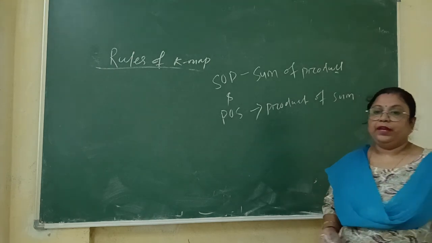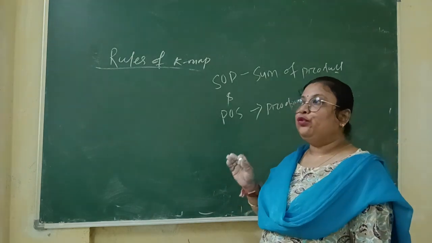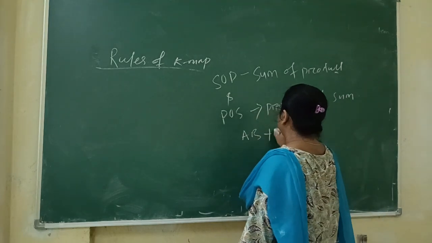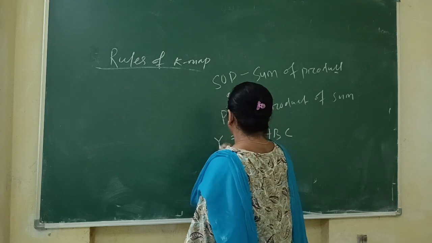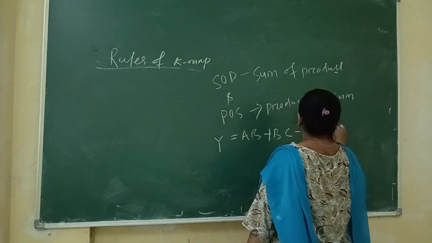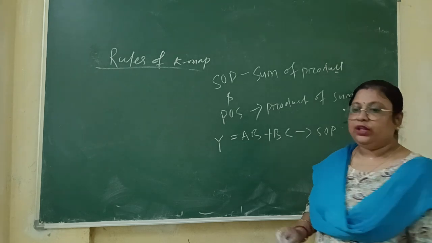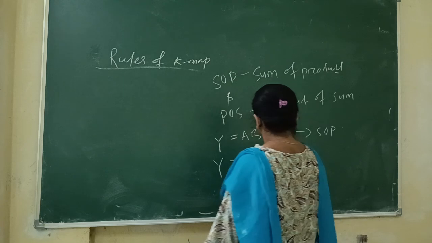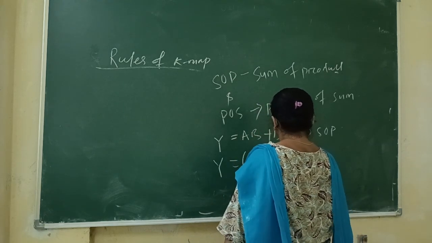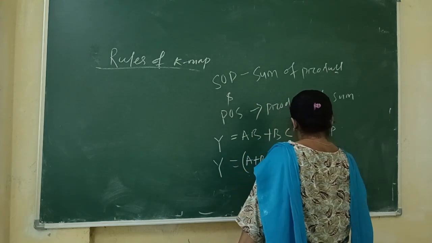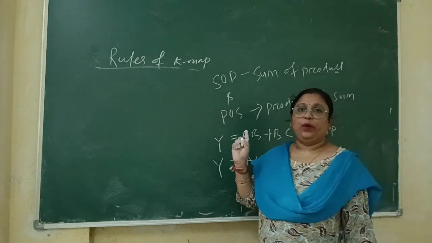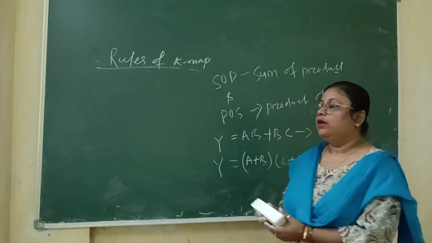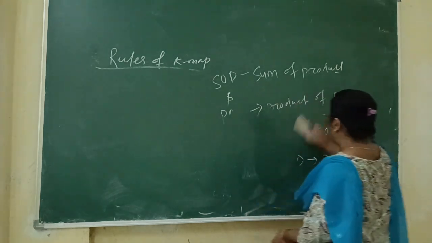So in SOP we have to use the algebra like AB plus BC. This is the form of SOP. Similarly, in POS we can write Y equal to A plus B. Using these two ways, SOP and POS, we can derive the K-map and we have to draw the output of the K-map.